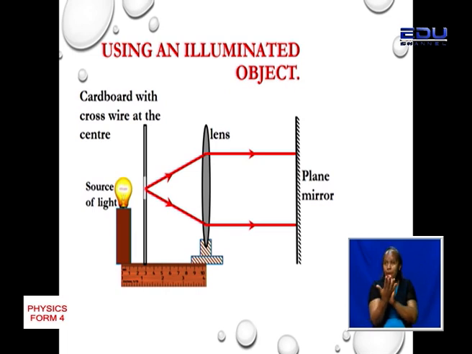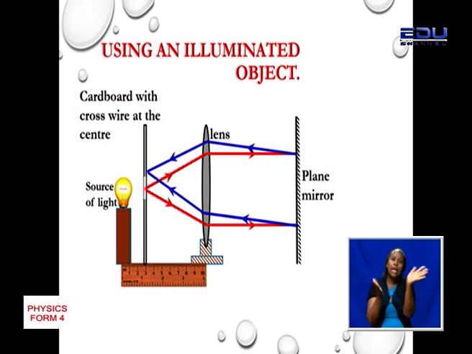You notice that if the object is at F, then the lens will refract the light parallel to the principal axis. Now, once the parallel rays from the lens hit the plane mirror, they are reflected back to the lens and a sharp image is formed on the screen.